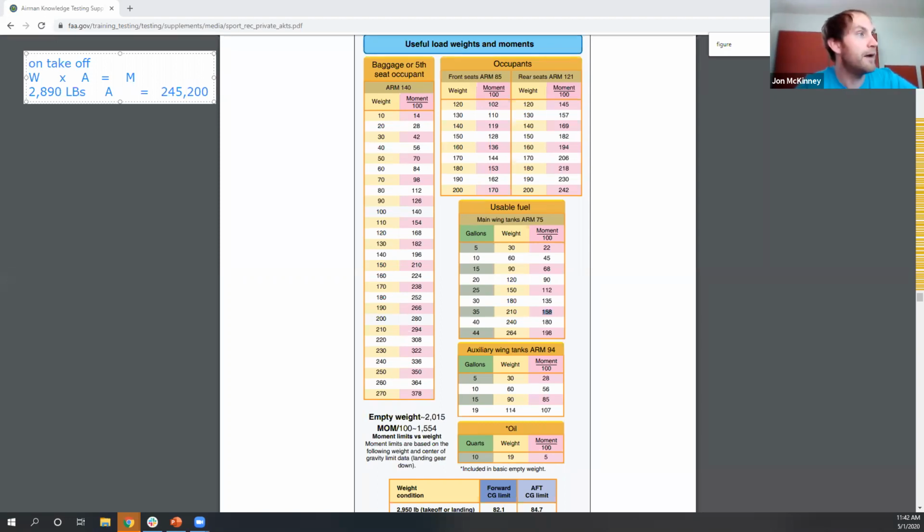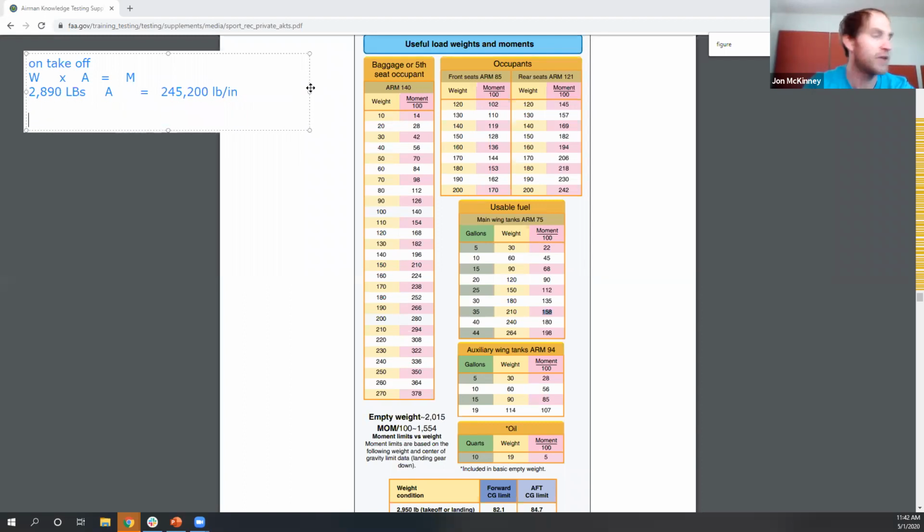So let's label things. That's pounds, inches, and that would be our moment, the amount of force being put down on the center of gravity, wherever the center of gravity location is, at takeoff. Okay, cool. Now that we have that established, here's some really simple math. At any time, center of gravity is simply moment over weight, moment divided by weight.